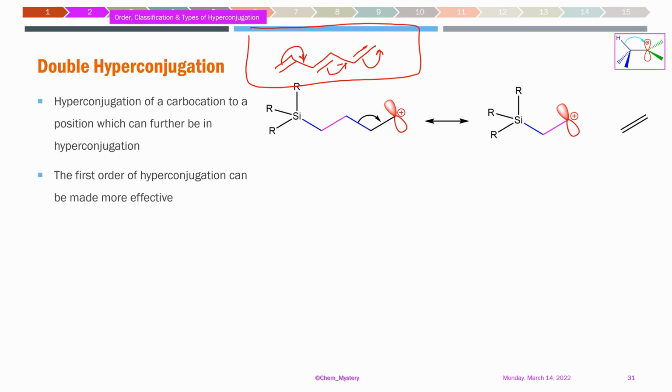So see what is happening here. The very first delocalization in this case is coming from the carbon-carbon bond. This bond is basically a carbon-carbon bond, and this delocalization is not going to be very efficient. But this delocalization is being made more effective by the use of double hyperconjugation.